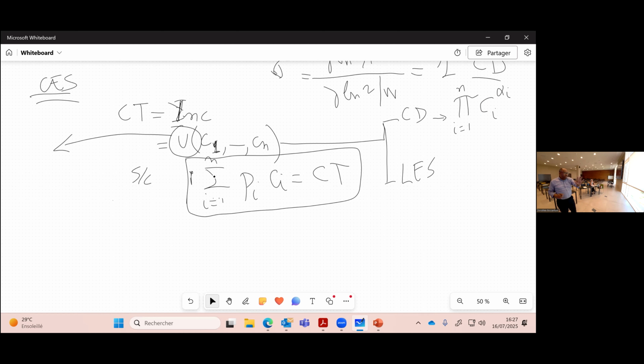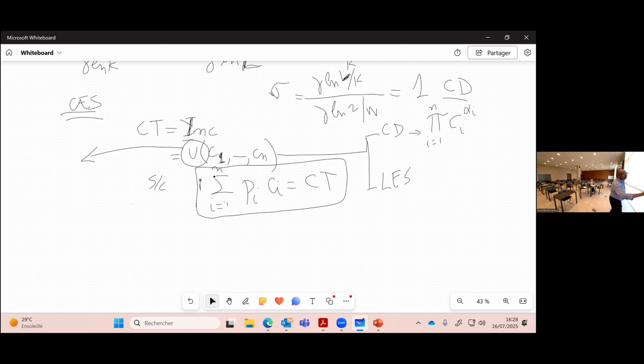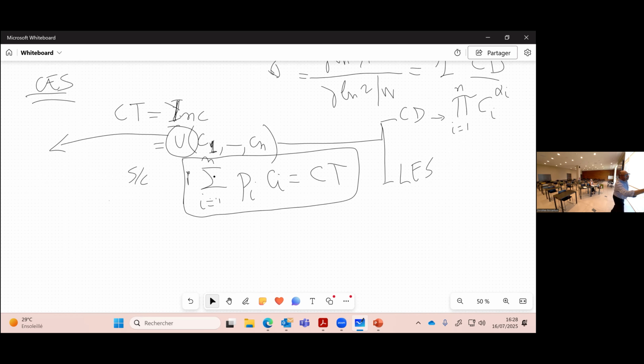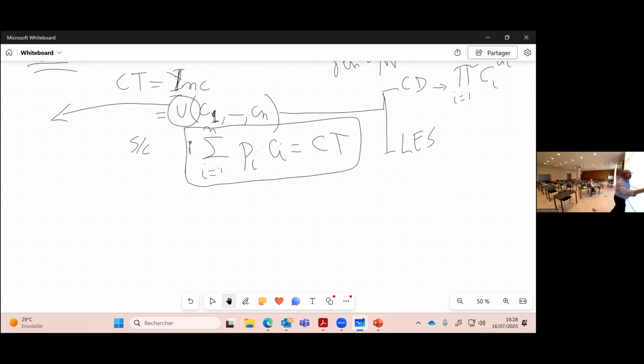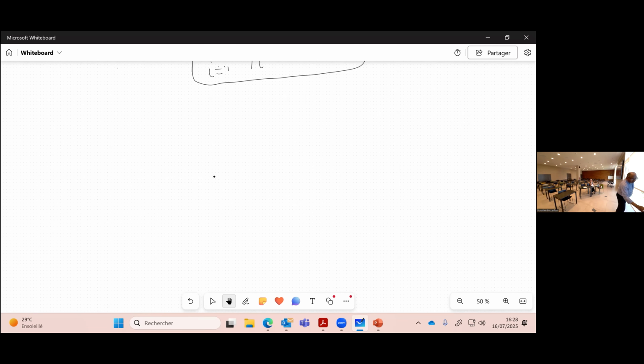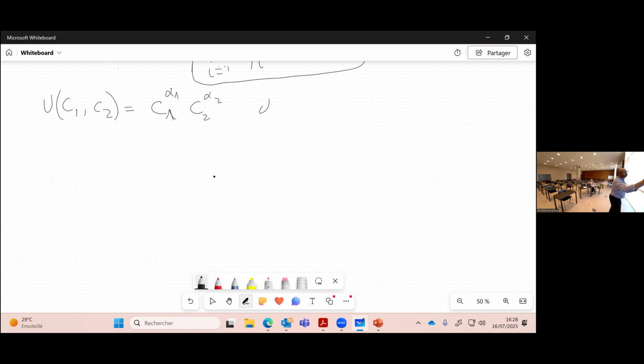To be clear, to keep you with me, suppose, to take it easy also, we have only two products, C1 and C2, and we are using a Cobb-Douglas utility function: C1 to the alpha 1, C2 to the alpha 2, and we suppose alpha 1 plus alpha 2 equals 1.